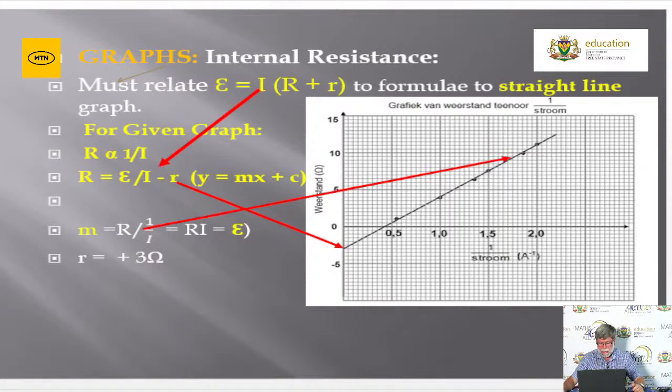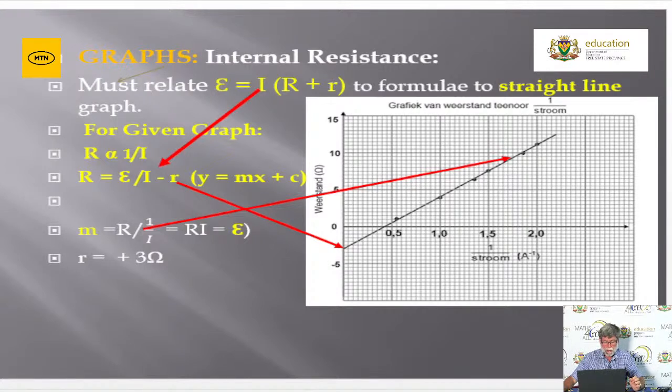Now, for example, in this graph of resistance against 1 over current, it's a straight line. So immediately, if it's a straight line, you must realize that you must relate the formula of EMF equals IR plus I times internal resistance to the formula for a straight line.